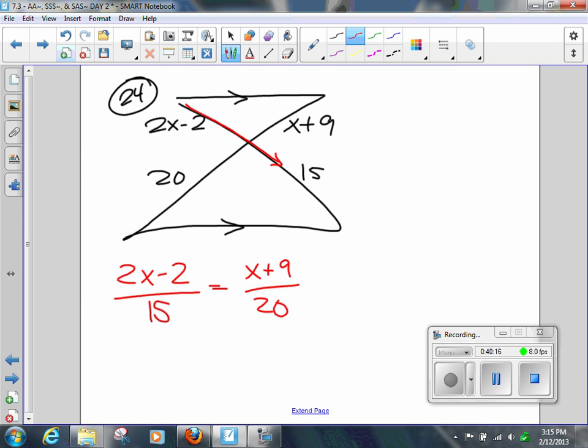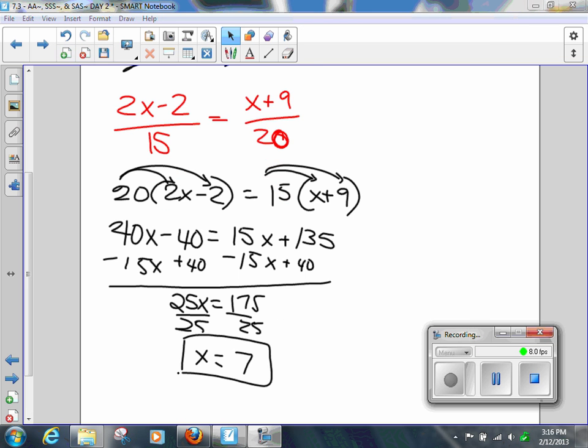Solve it, y'all. Make sure you got it set up right. Do you have 20 times 2x minus 2 is equal to 15 times x plus 9? Do you have that line right? Do you have 40x minus 40 is equal to 15x plus 135?